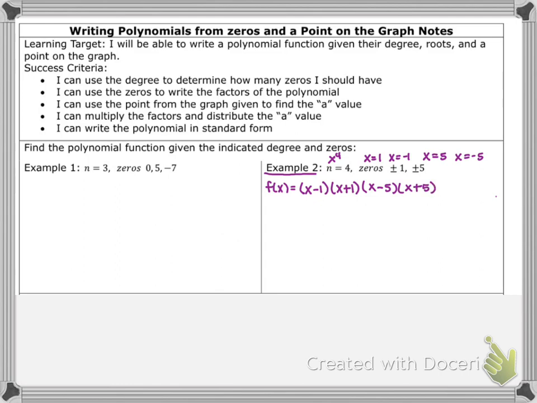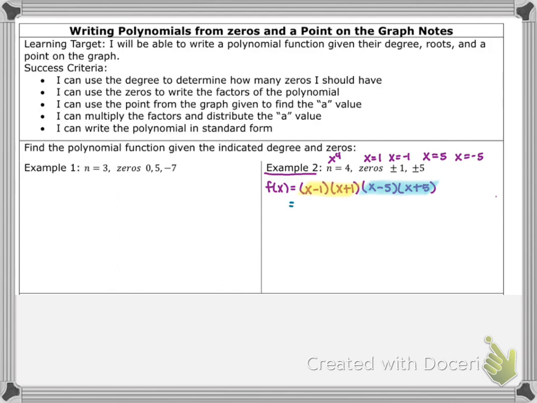Now we can FOIL or use the box to multiply these together. So first I'm going to start with the x minus 1, x plus 1, and then I would do your x minus 5, x plus 5, and then you can multiply those things together. So when I do that, let's do the first one, the x plus 1, x minus 1.